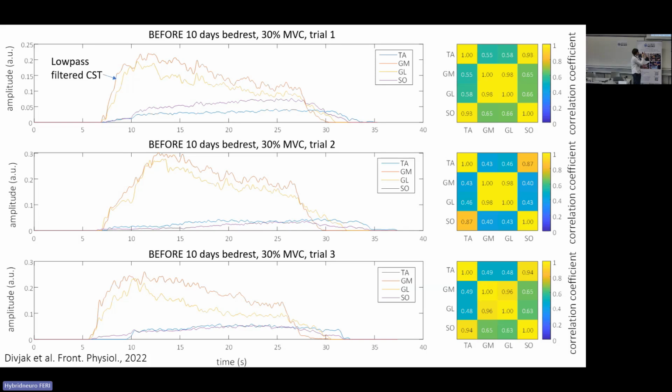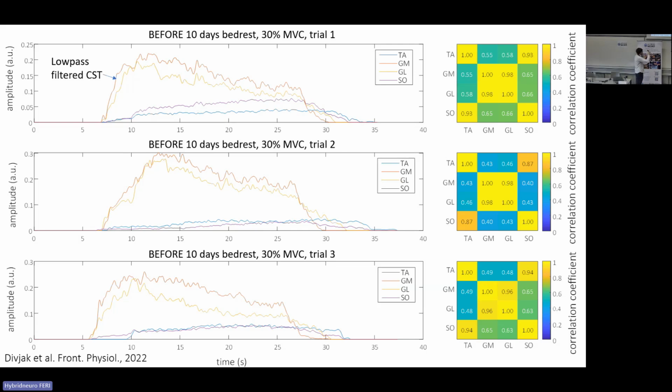But we can also see that tibialis and gastrocnemius medialis have something in common. We could say that they behave similarly, and soleus and gastrocnemius lateralis may be the same. And this is some info that we should memorize a bit, because we will return to that later on.